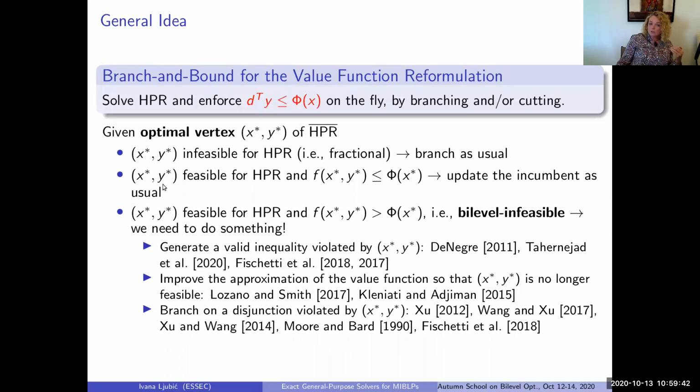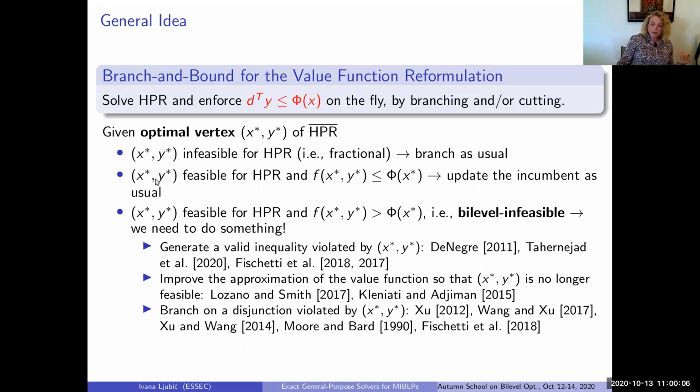If the solution that we get is feasible for HPR in the sense that it also satisfies the integrality conditions, and if the solution y star corresponds to the best response of the follower, which means the value function constraint is satisfied, then this is a feasible incumbent solution.